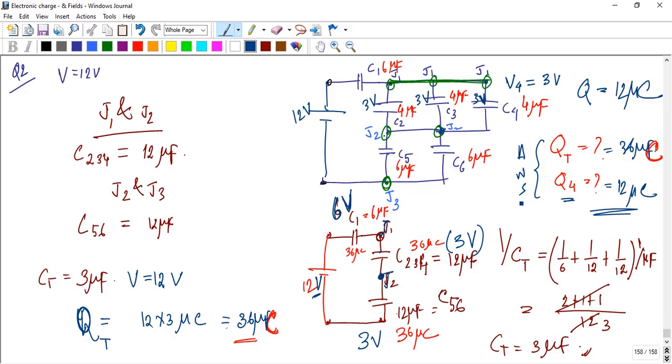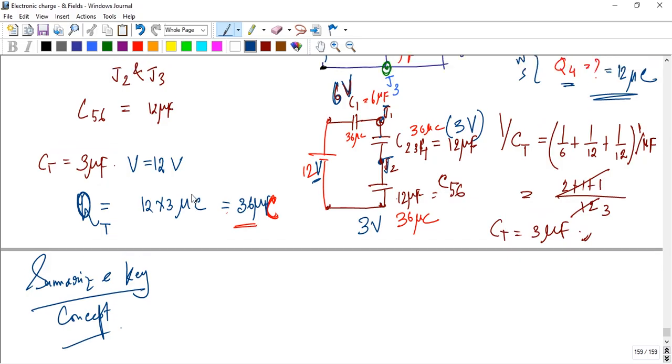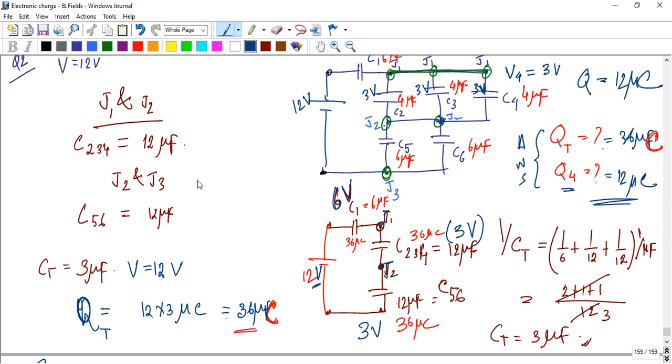Let me share some basic key points, summarizing the key concept for solving this type of numerical.